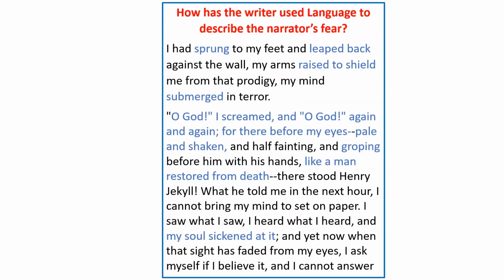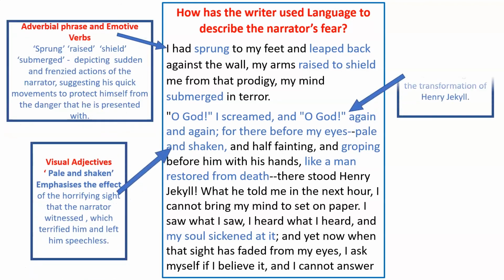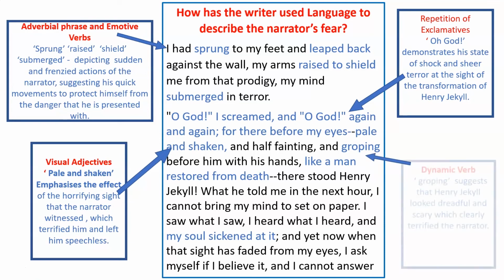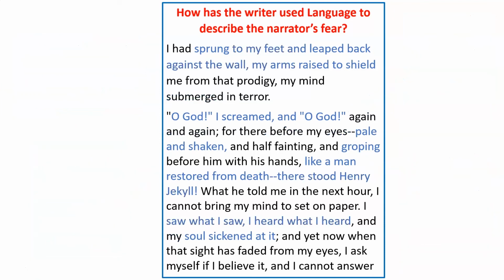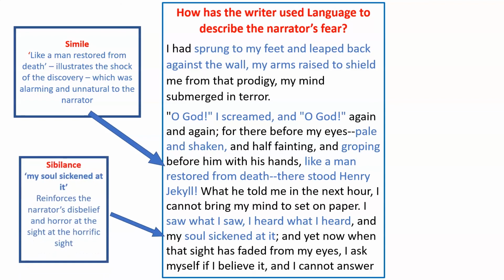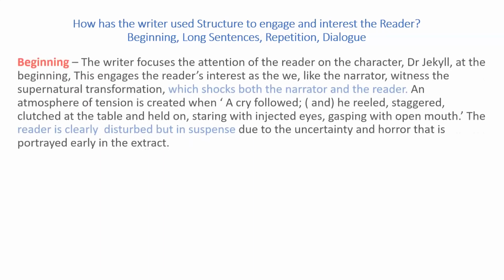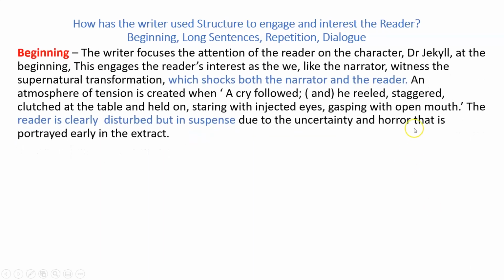So to go to how I have written it out as some possible sample paragraphs that you might want to also look at and see as examples. Let's have a look. In the beginning, the writer focuses the attention of the reader on the character, okay?